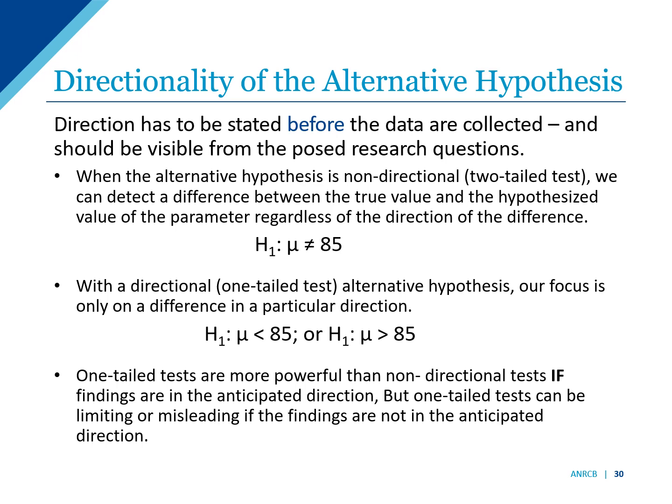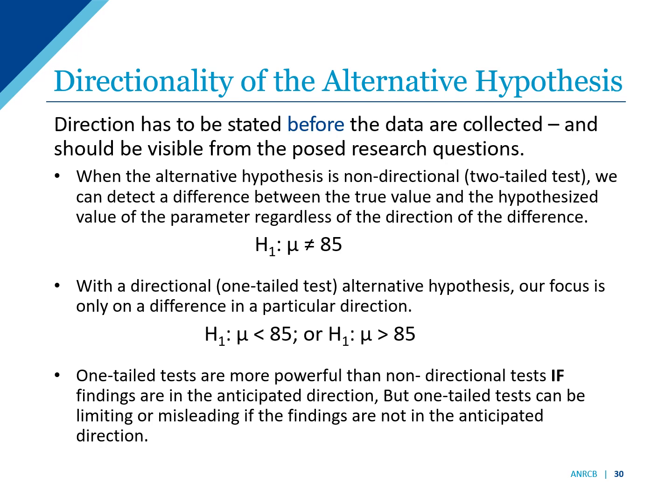The direction of the alternative hypothesis has to be stated before the data are collected and should be visible from the posed research questions. When the alternative hypothesis is non-directional and uses a two-tailed test, we can detect a difference between the true value and the hypothesized value of the parameter, regardless of the direction of the difference.